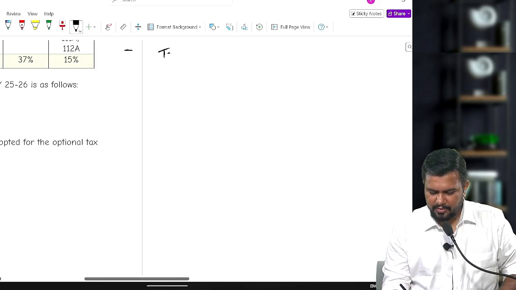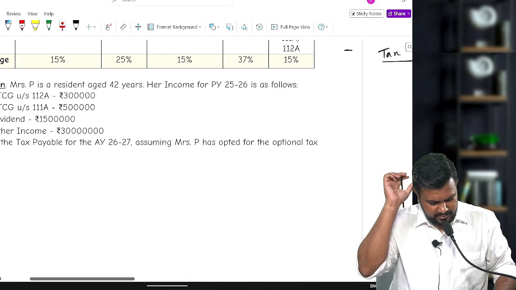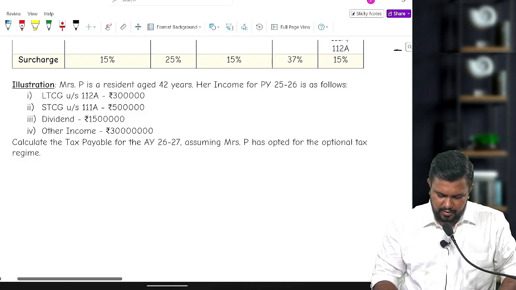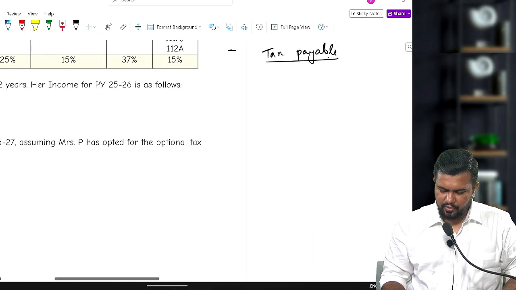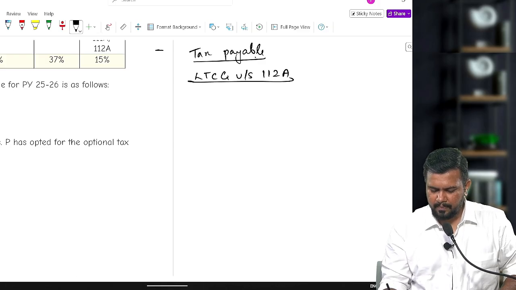So tax payable. First, let us calculate the rates one by one. So total income consists of 112A income, so LTCG under section 112A.